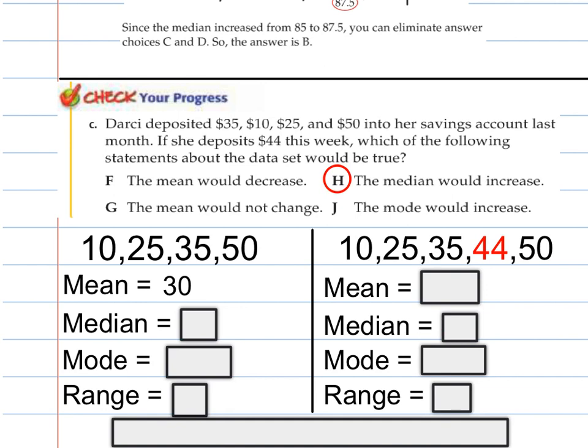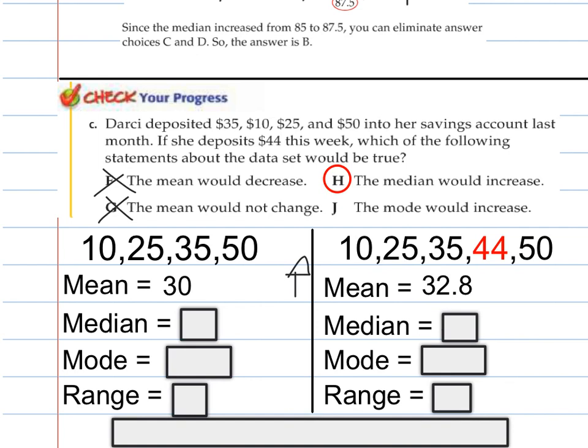Adding those up and dividing by 5, we get 32 and 8/10. So our mean increased, so we can cancel F. We know it could not be F, or G, as that mean increased.